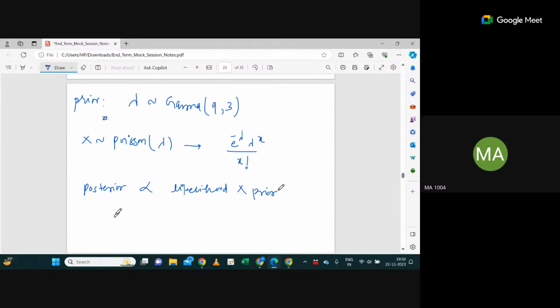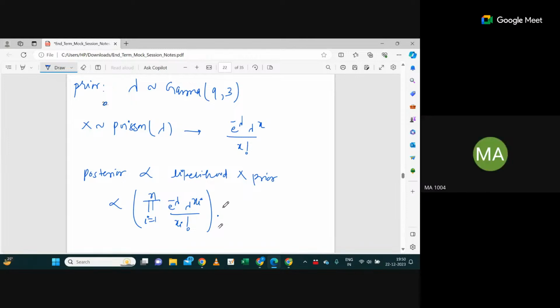First of all, I have to find the likelihood. The likelihood will be the product for i equal to 1 to n of e raised to minus lambda, lambda raised to xi, divided by xi factorial, for the sample.